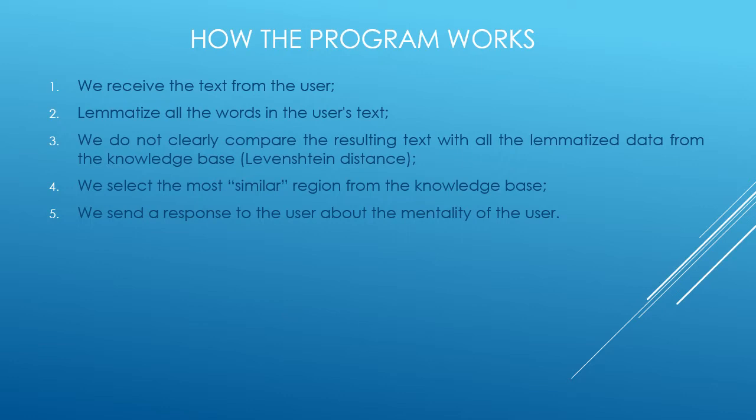Third, we compare the resulting text with all the lemmatized data from the knowledge base. Fourth, we select the most similar region from the knowledge base. And fifth, we send a response to the user about the mentality of the user.